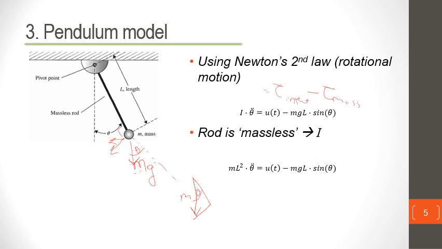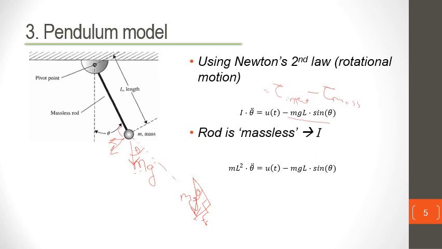So if mg is here, and you consider this a right angle triangle, this component of force is going to be mg sine of theta, which is the torque that will be turning around the pivot, at a distance L away.